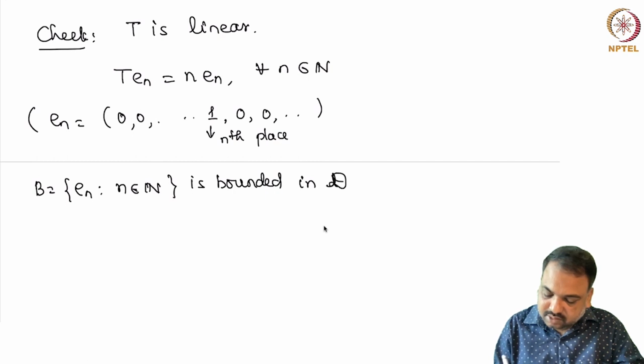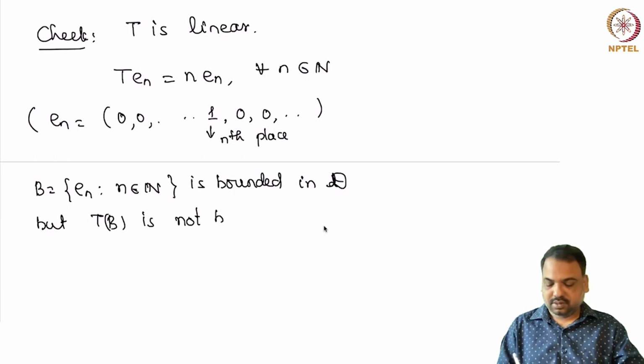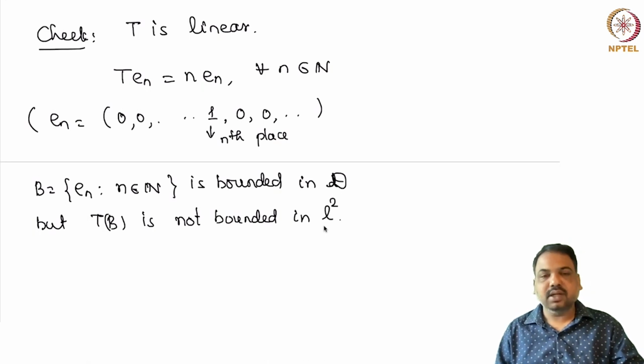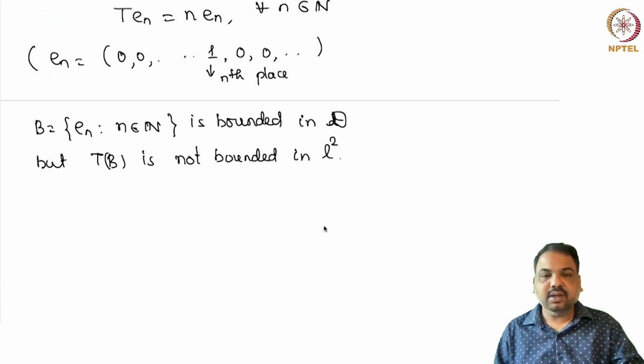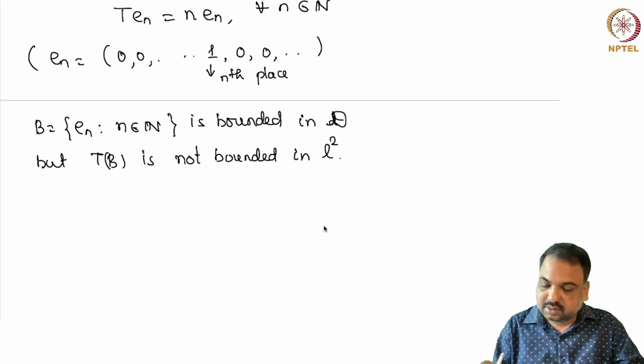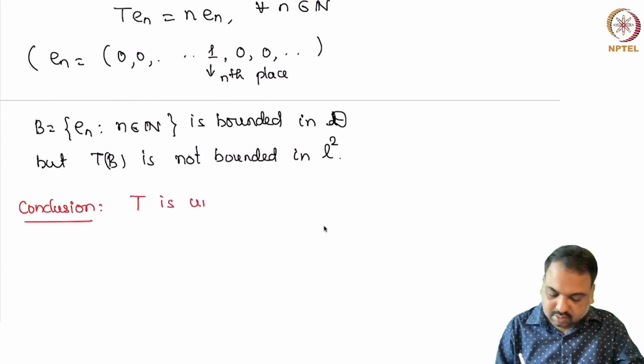In fact, it is a bounded subset of D, but T of B is not bounded in L2. Hence this operator cannot be bounded. So this is an example of an unbounded operator. So the conclusion is T is unbounded.